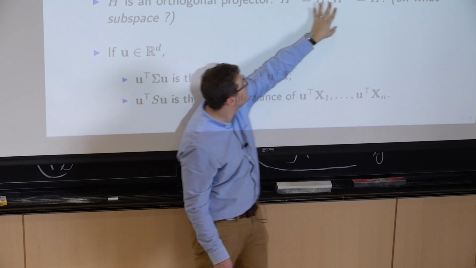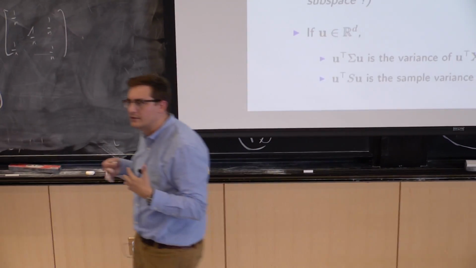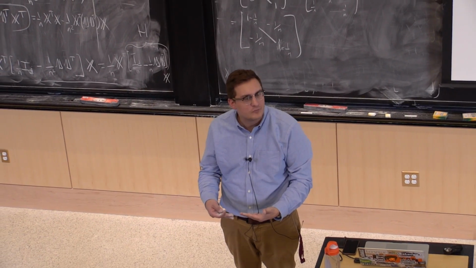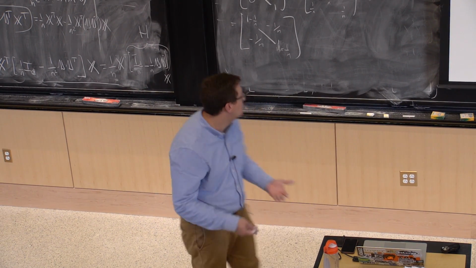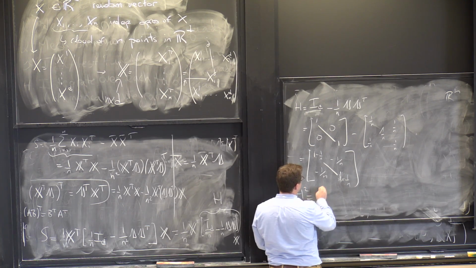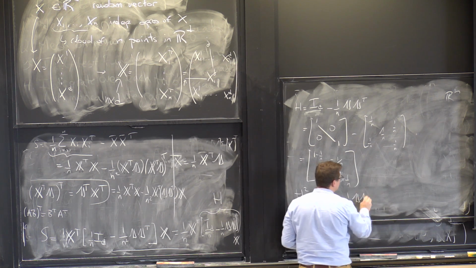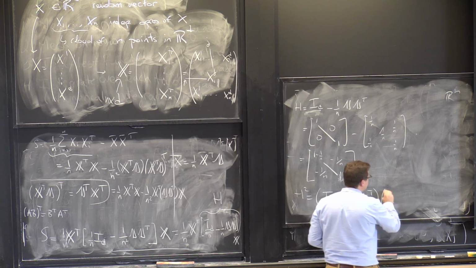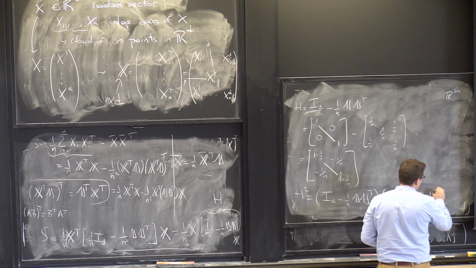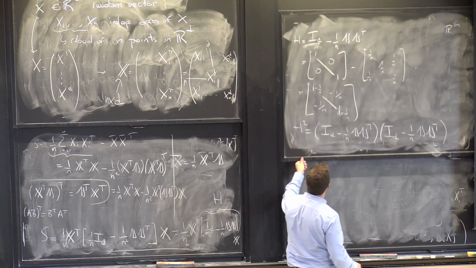It has to be symmetric, and it has to square to itself, because we said in the chapter on linear regression that once you project, if you apply the projection again, you're not moving because you're already there. So why is H squared equal to H? Let's just write H squared. It's the identity minus 1 over n, 1 1 transpose, times the identity minus 1 over n, 1 1 transpose. Let's just expand this now.